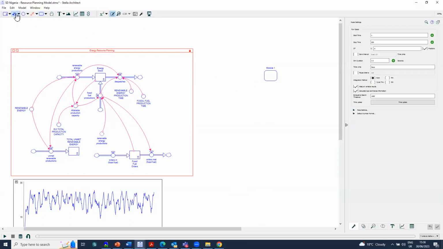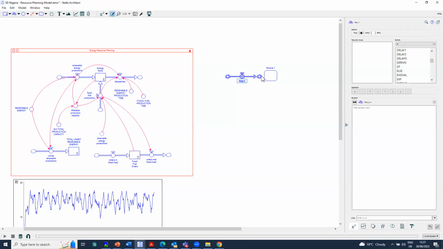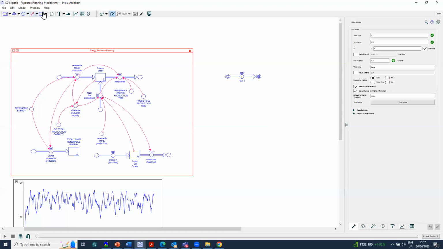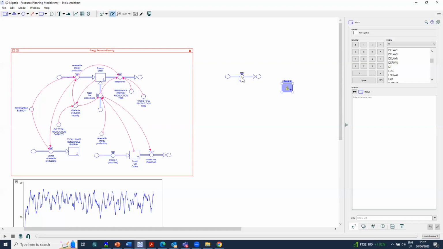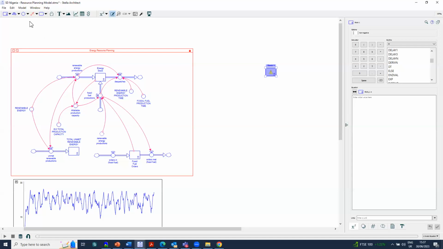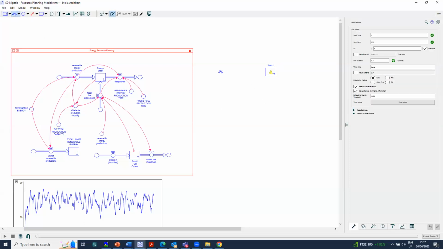If I want to add anything into this stock, the flow moves from outside to inside.